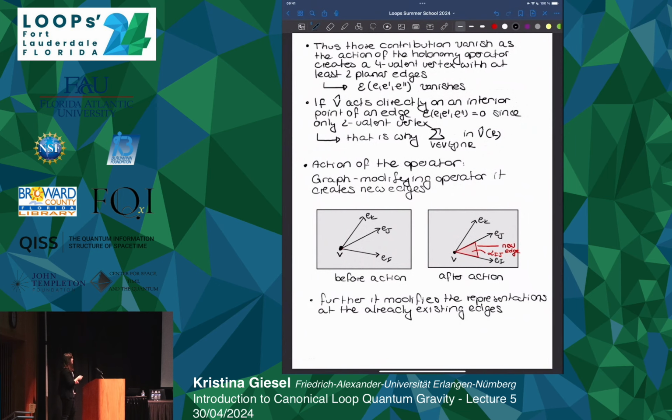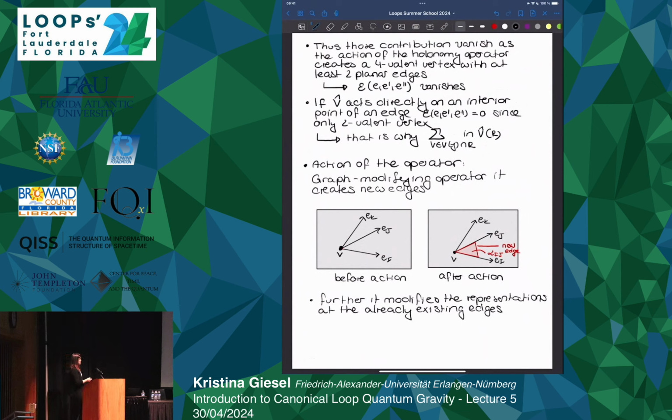So in this sense, we can also formulate the action of this operator in terms of a sum over all vertices of the graph, which fits also the way the volume operator acts.